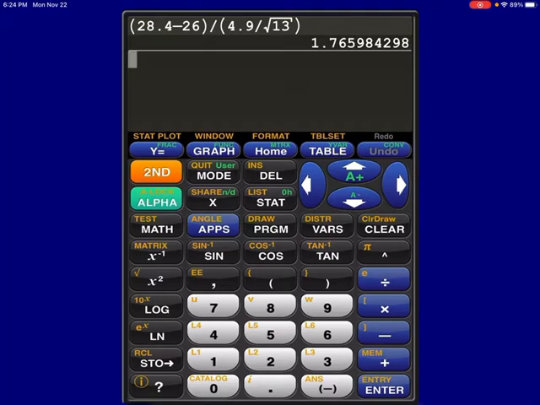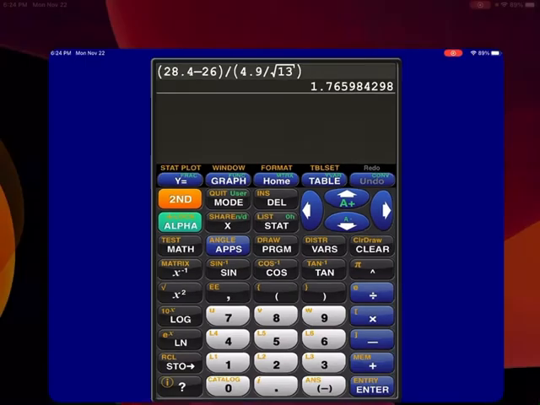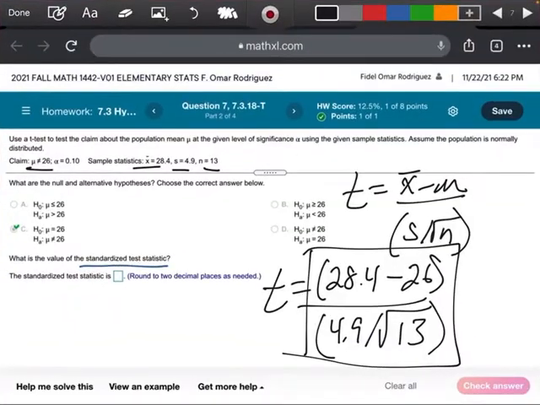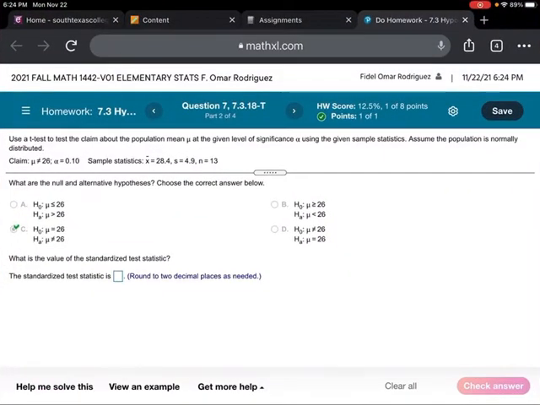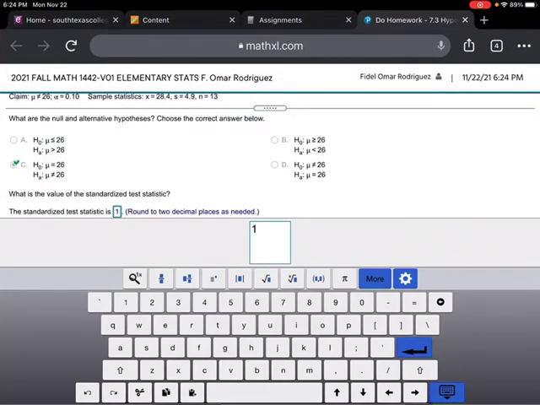Let's hit enter. And I'm coming up with 1.77. They're going to ask us to round it to 2 decimal places, so 1.77.